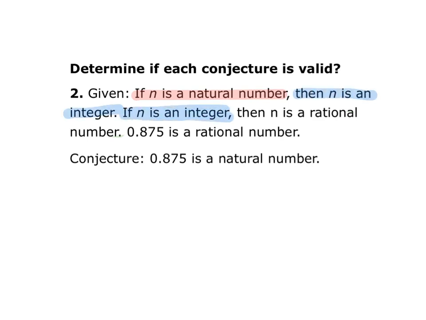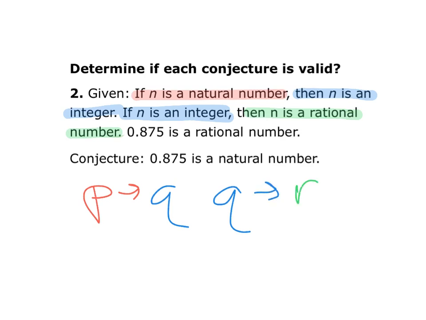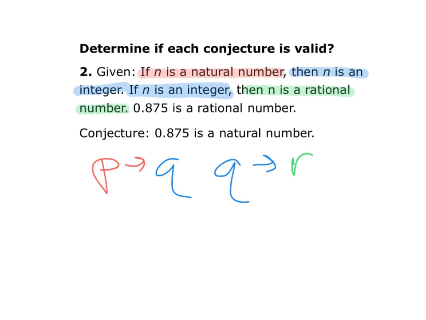That's our Q also. Then it is a rational number. So that's our R. So we have if P, then Q, and if Q, then R. So what do we know about P and R? That is true. So therefore P then R is true.